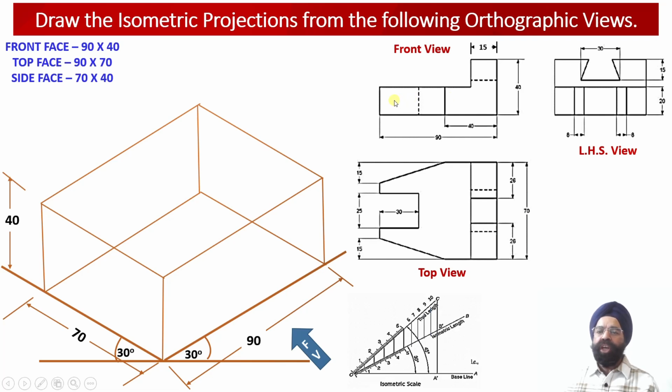As we go through the orthographic projections of this object into the front view, top view and the left hand side view projections over here, we can check that this object can be divided into two elements. The first element is a horizontal web which is lying at a height of 20 millimeter from the base.